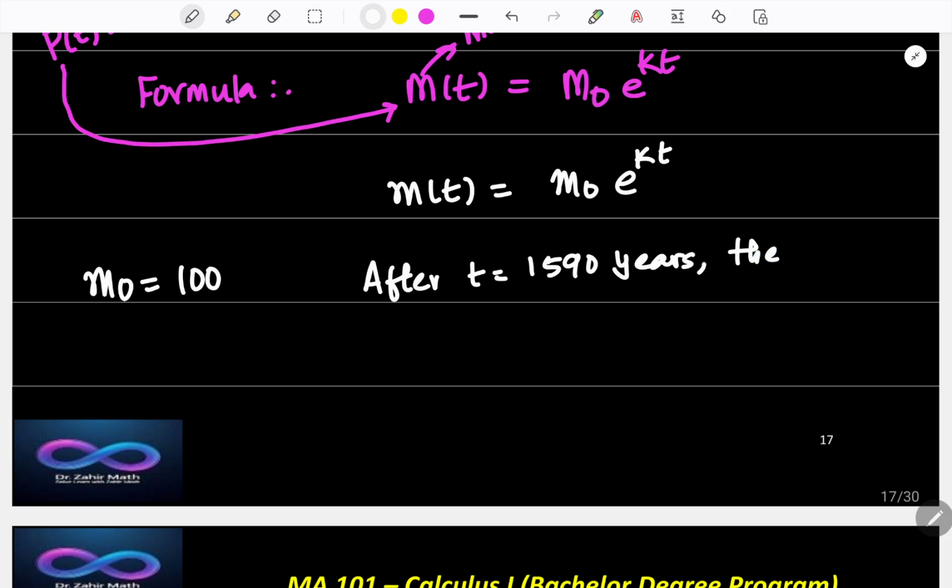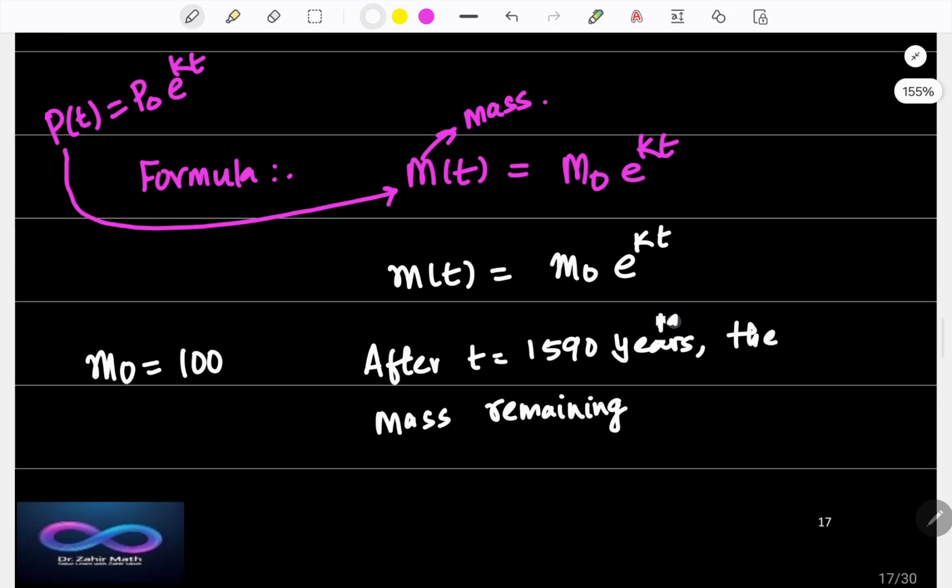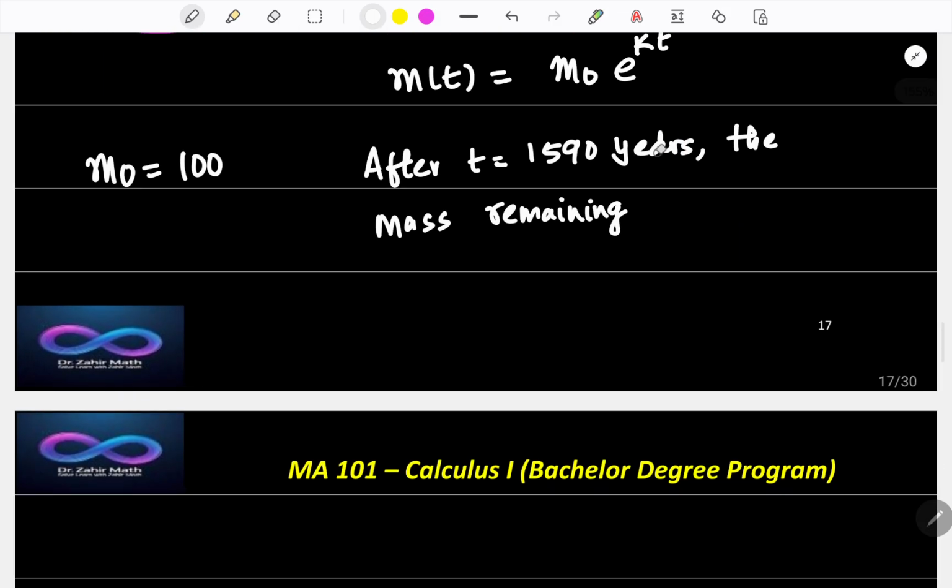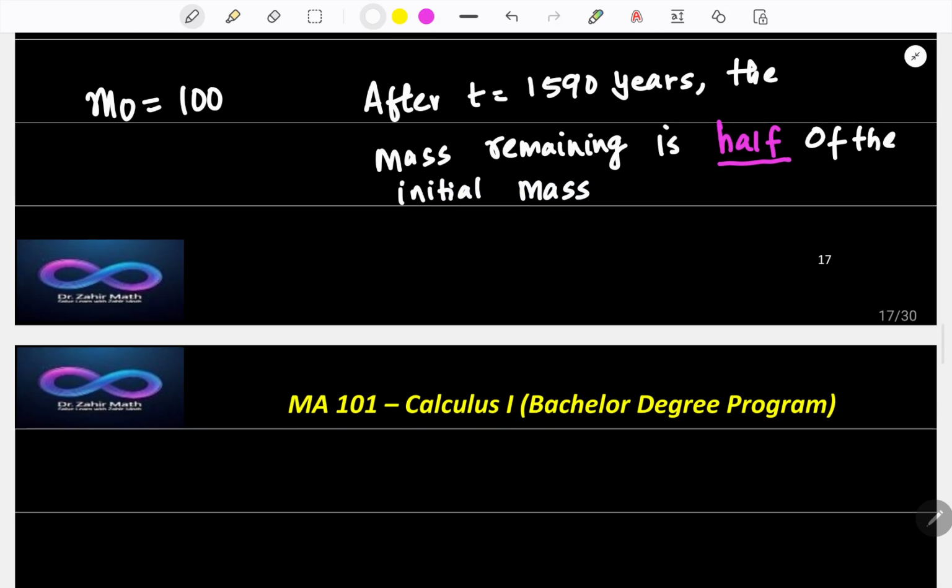The mass remaining in the radioactive substance is half. It is given already in the question. Half of the initial mass. It is given in the question. Half-life of radioactive substance. So it means you have to divide 100 by 2, which is equal to 50.